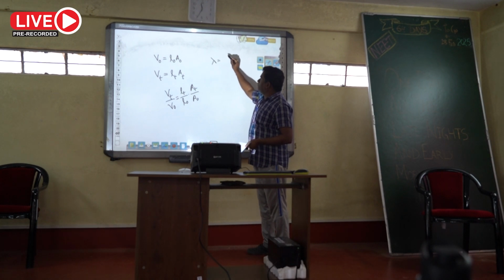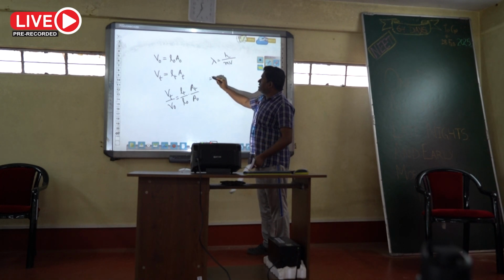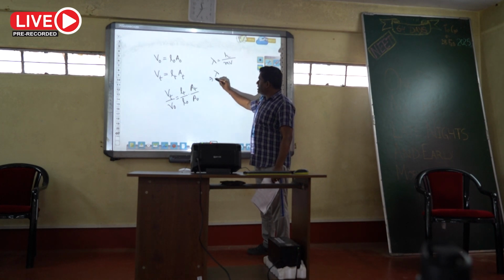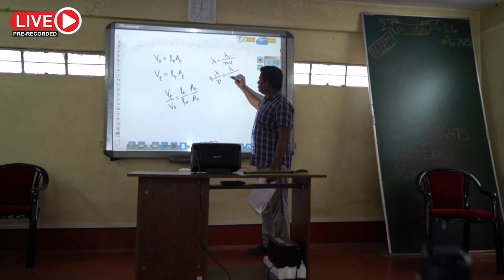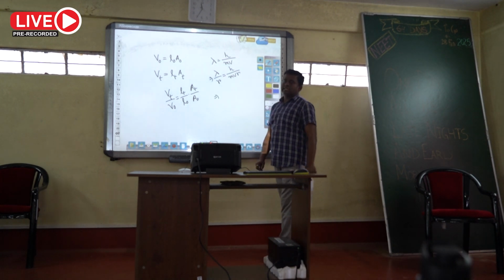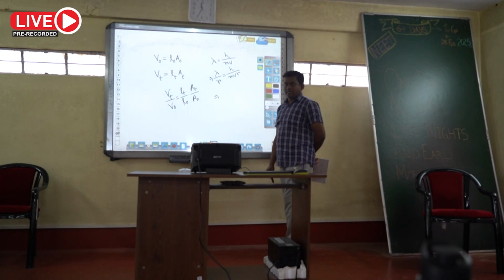Lambda equals, we know, h by mv. Then divide both sides by r. Then it will be lambda by r equal to h by mvr. Now we know that mvr is nh by 2 pi.